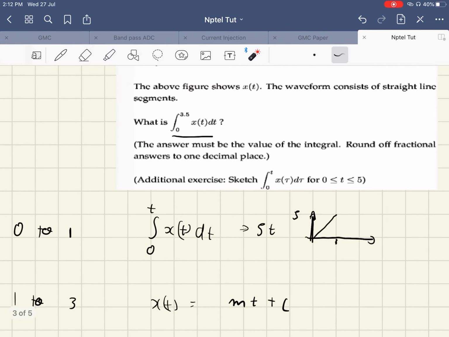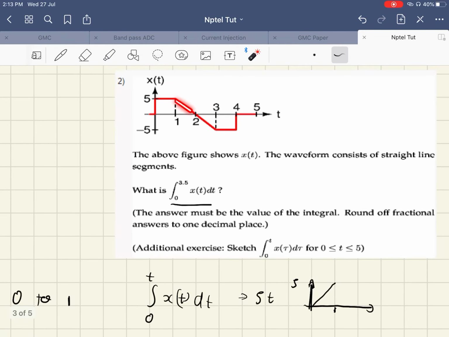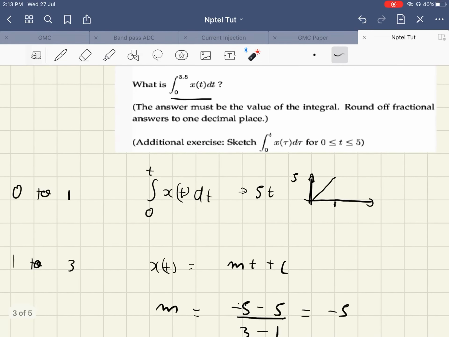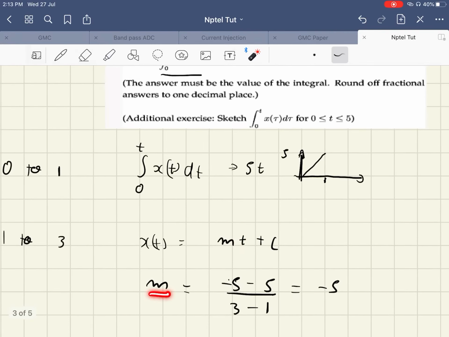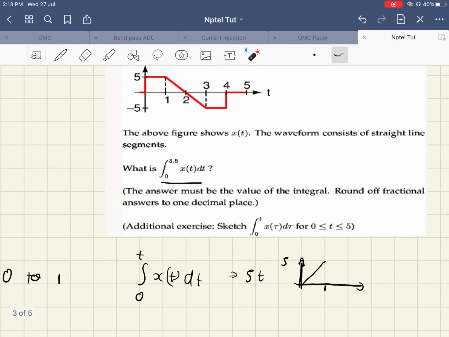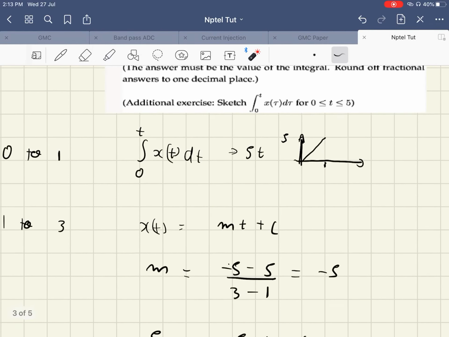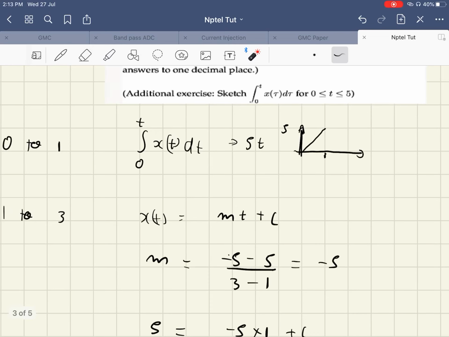Now from 1 to 3, we have a straight line of the form mt plus c, where t is the time argument. Now to find m, that is the slope, we calculate the slope from here to here by taking the difference on the y-axis divided by the difference on the x-axis, and that comes out to be minus 5.